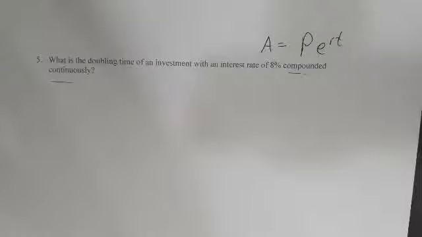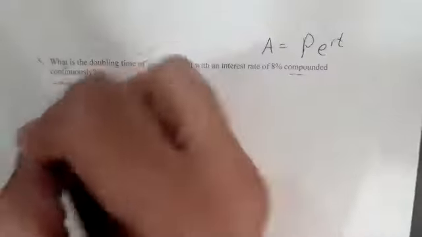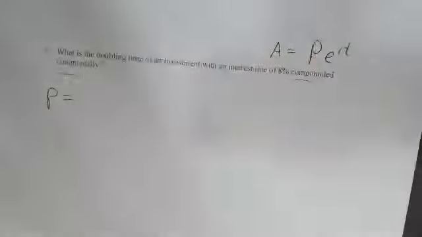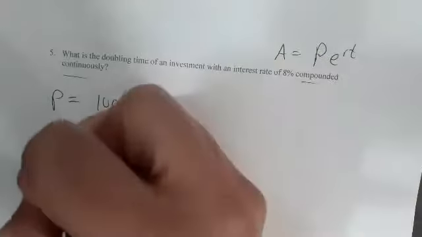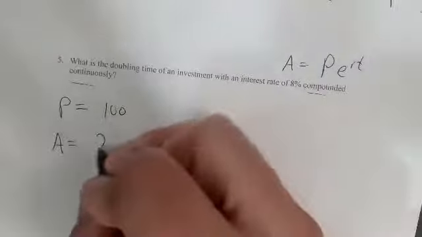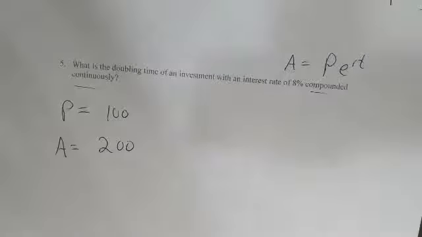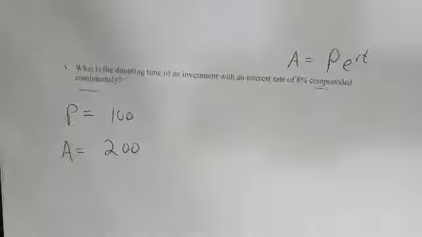So what might we want to do then? We can come up with something. If I want a principal of, I don't know, let's do 100, and I want that to double, it's going to be 200. My rate is here. We want to know the time it takes this thing to double.